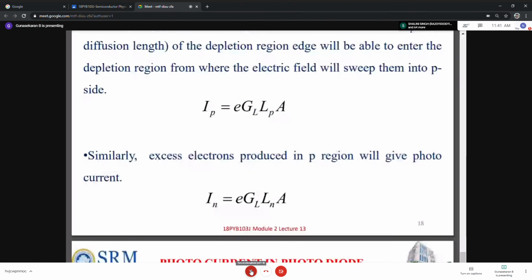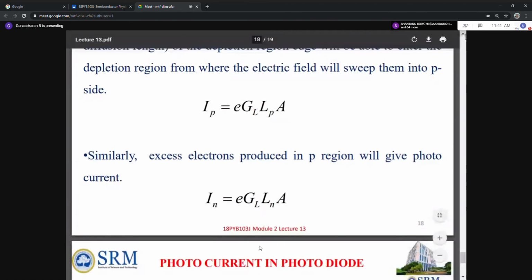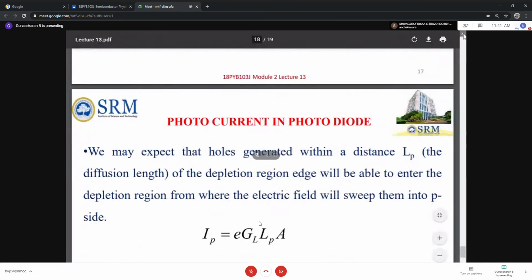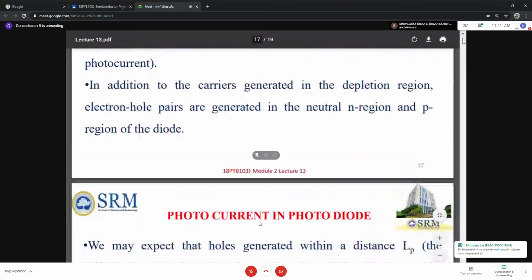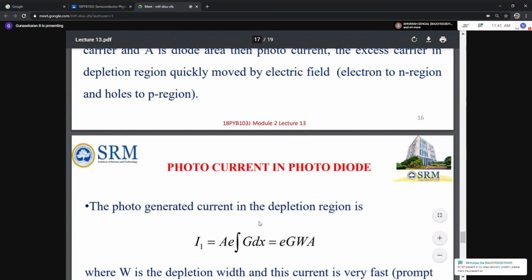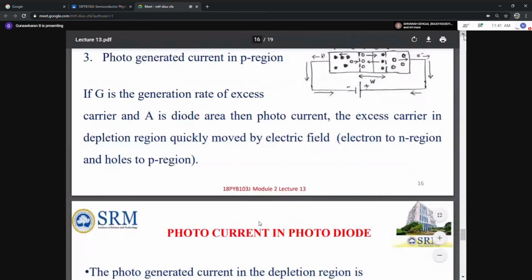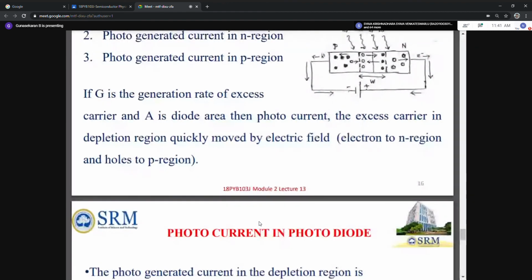What is G? I just told you: the rate of generation. G is the generation rate of excess charge carriers, electrons and holes. When a photon strikes, the electrons in the atoms gain energy from the photons and leave, which is electron-hole pair generation.